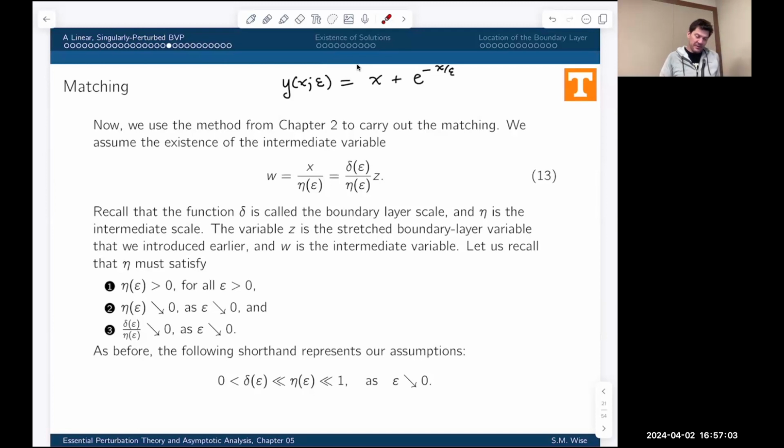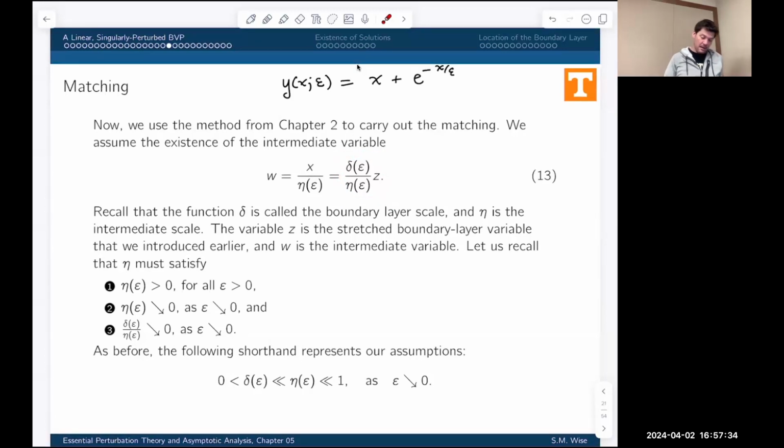Okay, so let's get to the point at hand, though. So now we want to introduce what's called an intermediate variable, W. And W is by definition x minus the location of the boundary layer, but here it's equal to 0, so it's x minus 0. So x over eta. But recalling that x is equal to z times delta, then that can be written like this. And so this is a formula we'll need later to put in our pocket.